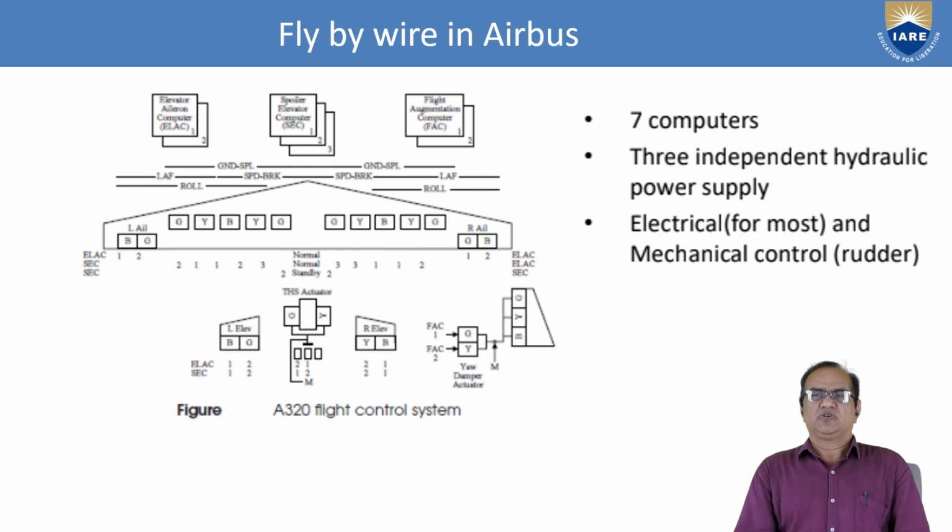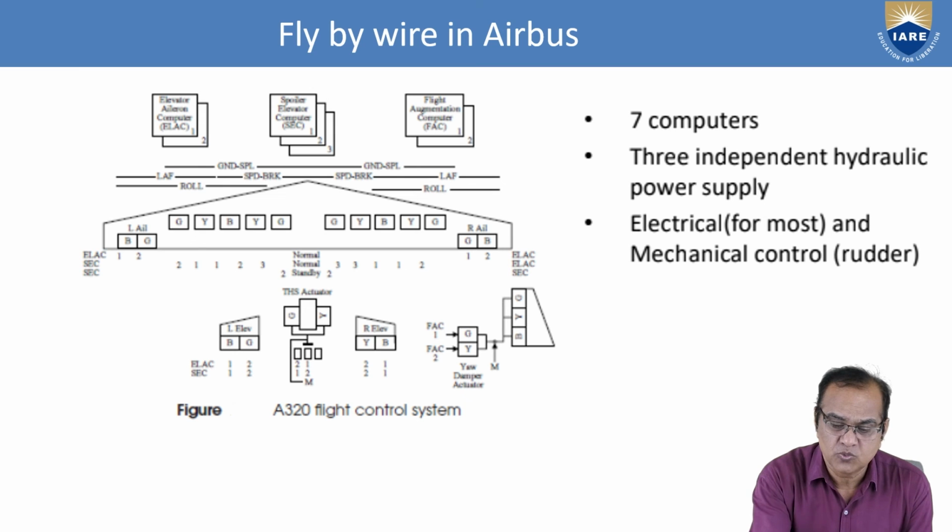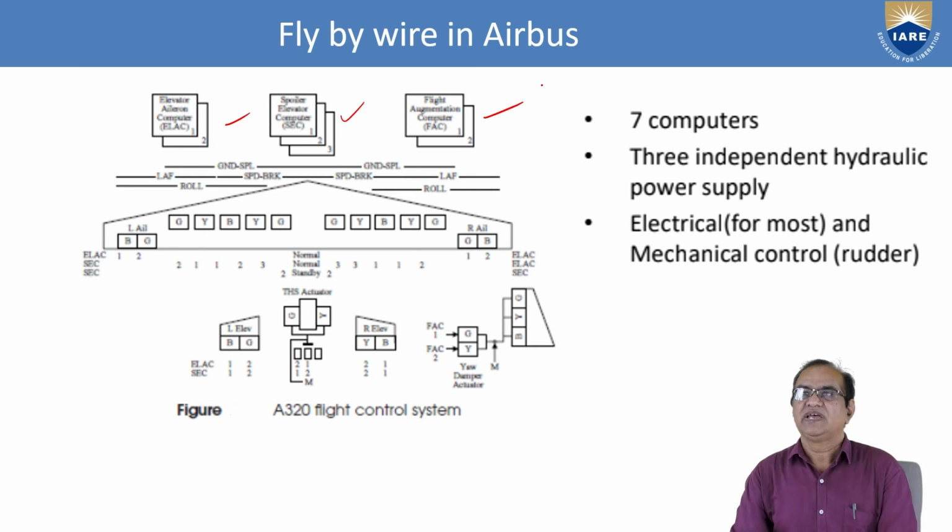Here I have shown one fly-by-wire in Airbus. This contains 7 computers, which is 2, 2 and 3. These are the 7 computers, with 3 independent hydraulic power units. Here we can see that there are 3 different power units, electrical for most and mechanical control.